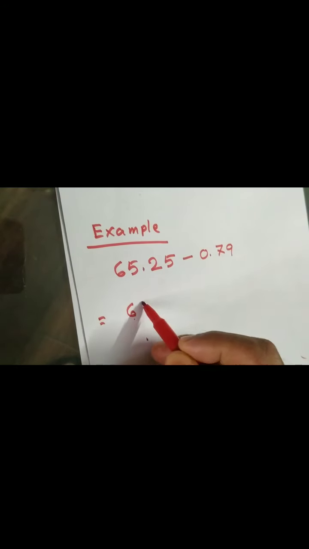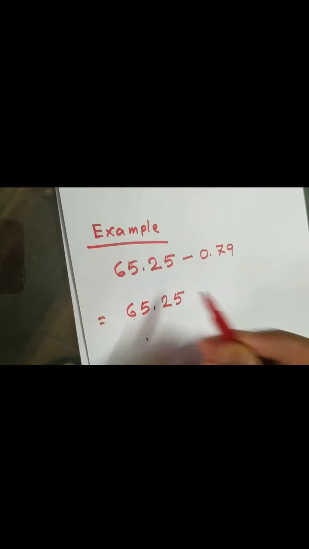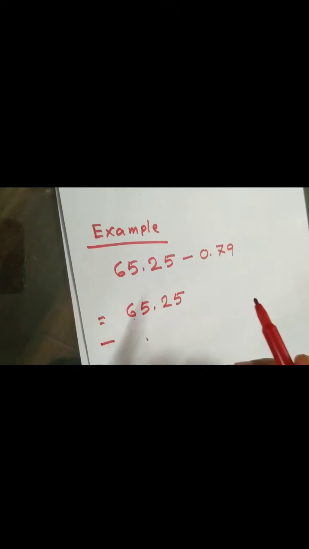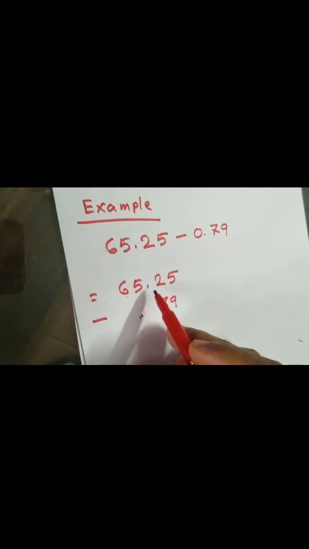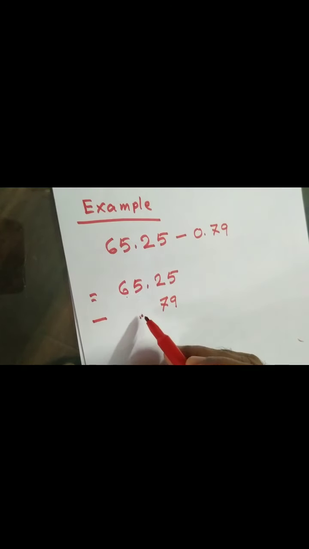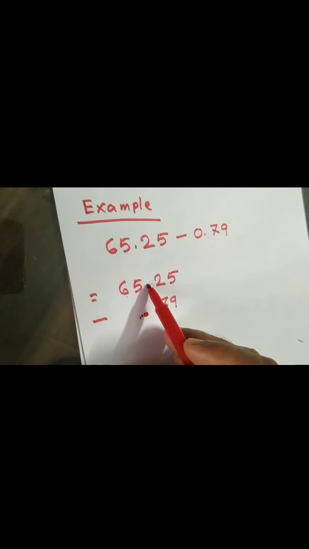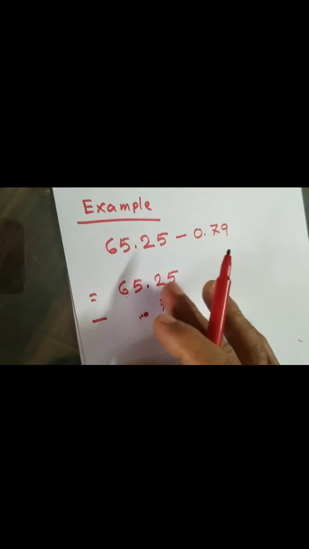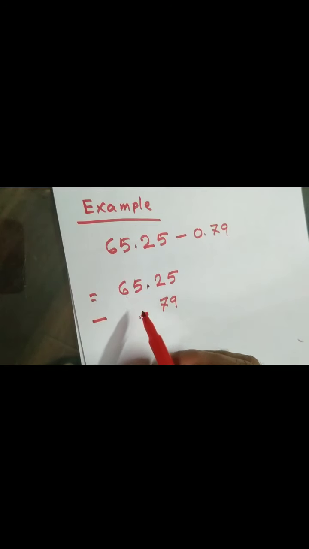So what I have to do as first step: 65.25, let me put the minus sign to the far left, and after that 0.79 will go beneath 0.25, and the decimal point before 0.79 will be matched with the decimal point just above it, that is beside 0.25. There is no number beneath 5, so I will put a 0. You can put a 0 beneath 6, but that's not necessary.